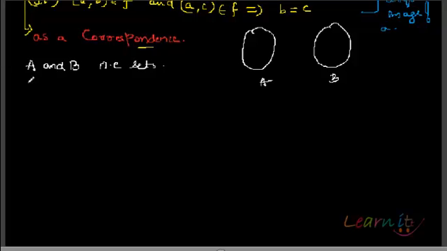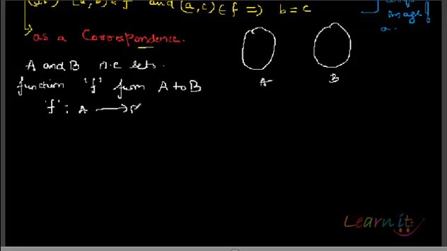A function F from set A to B is nothing else but a formula, a rule, a method, an association, a correspondence.